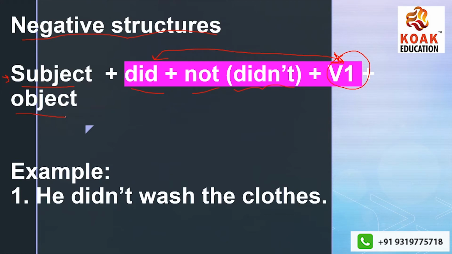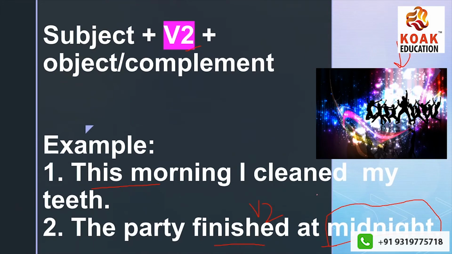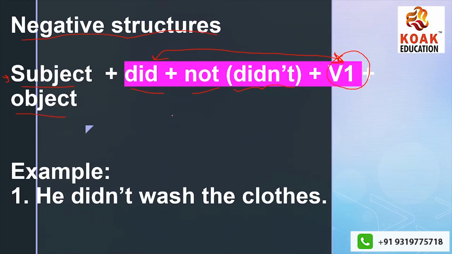So subject plus did plus not plus first form of verb and object. So this is the idea. If I go back to the sentence, "This morning I cleaned my teeth," I would say, "This morning I didn't clean my teeth." Here, did plus not, so I have to use didn't clean my teeth.